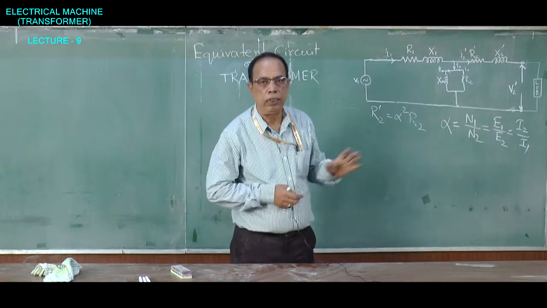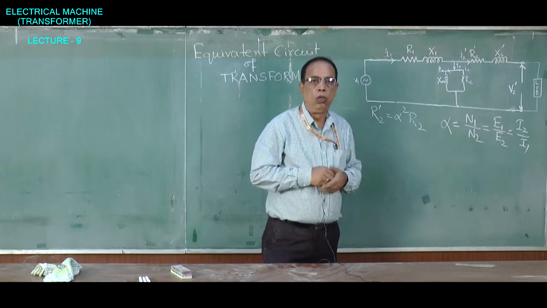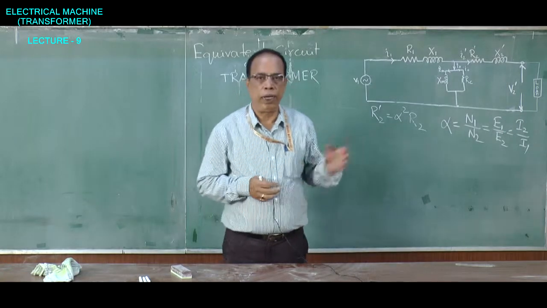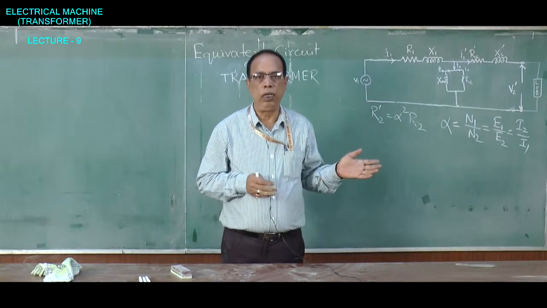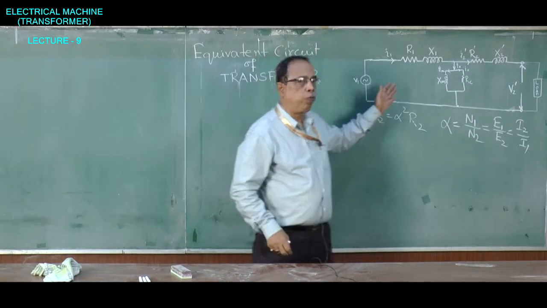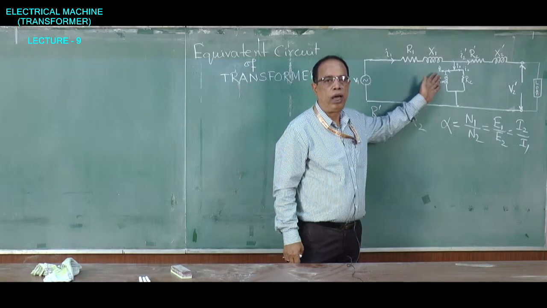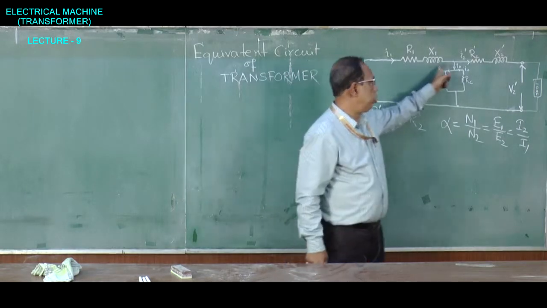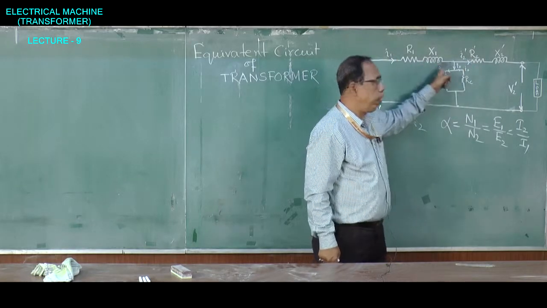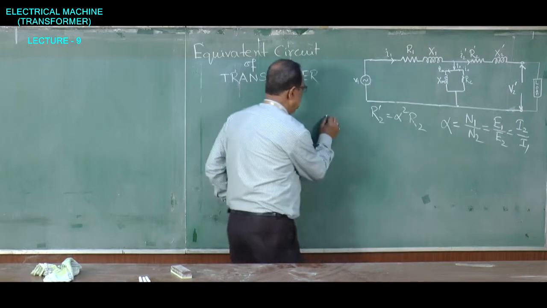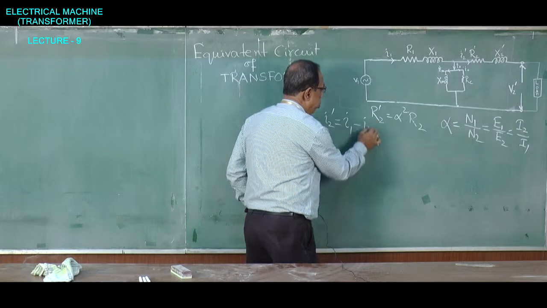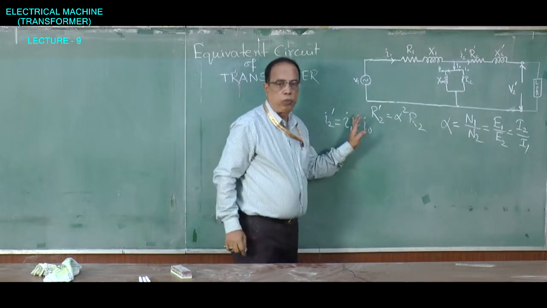In other words, the magnetizing current is only 2 to 5% of the full load current, so its value is very small. You can notice the secondary current I2 dash is actually I1 minus I0, but I0 is very small.